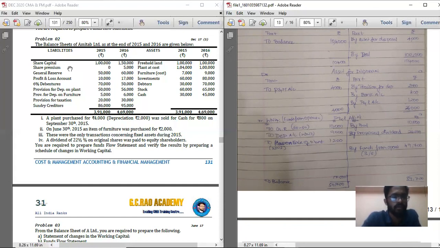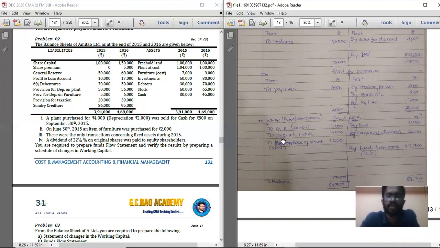Now see, general reserve, go one by one. Share capital taken into account, share premium taken into account. General reserve is 50,000 in 2015 and 60,000 in 2016. So 10,000 has been transferred to general reserve during the year. That 10,000 is transferred from P&L account. When you are transferring from P&L account, your P&L account is going down.